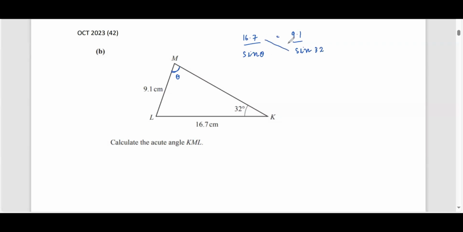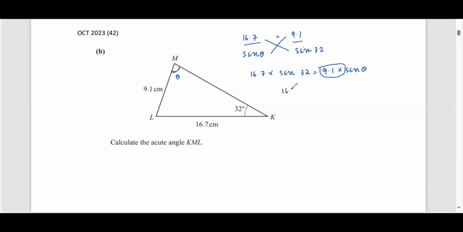Now, two fractions in between equal to sign always go for cross multiplication. So 16.7 into sine 32 is equal to 9.1 into sine theta. Multiplication of 9.1 goes to the other side.